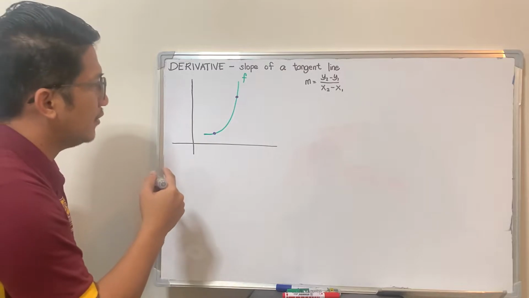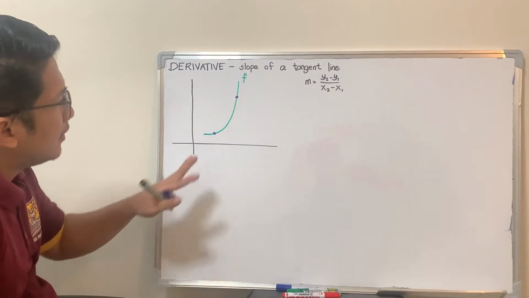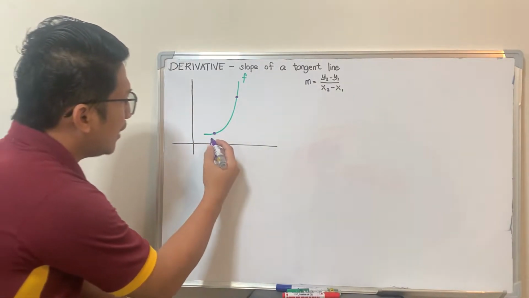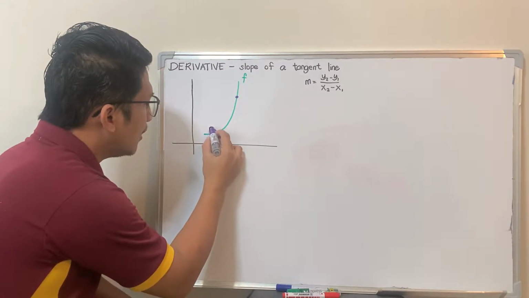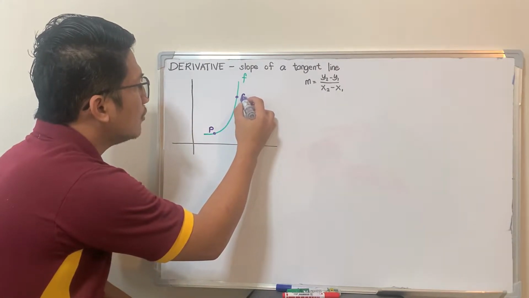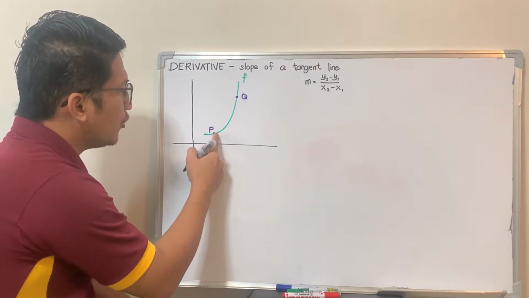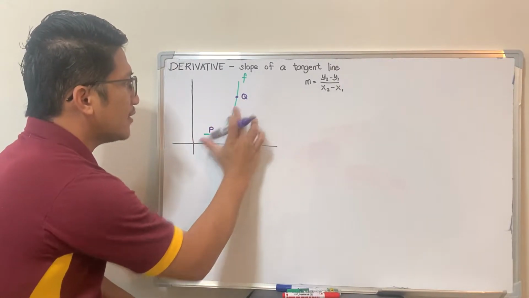Let's call them point P and point Q. When you connect them, the green line is formed. It's a curved line, actually.